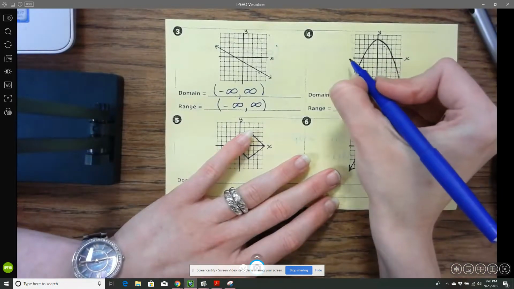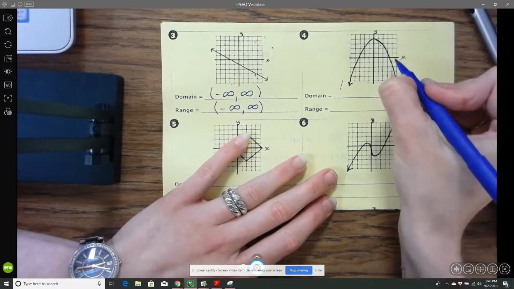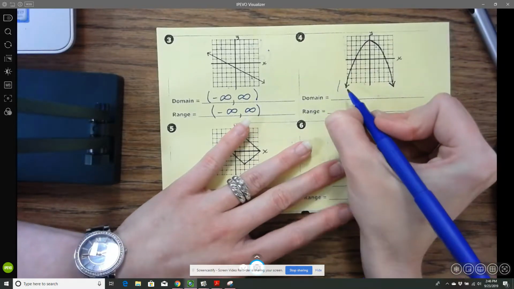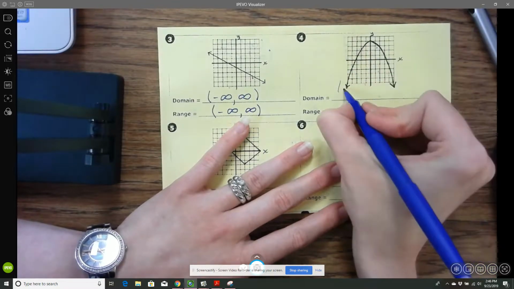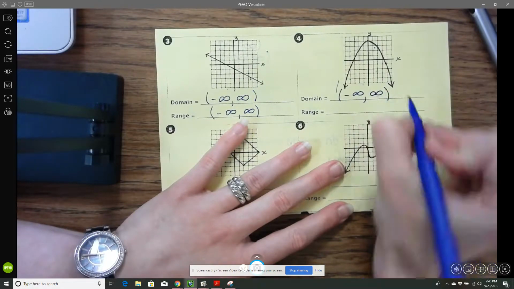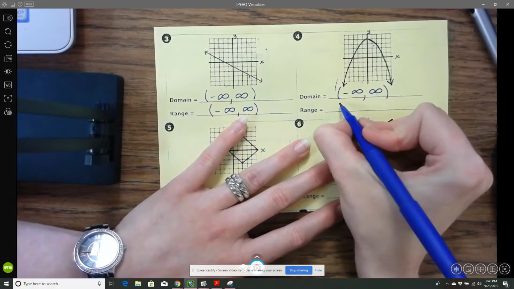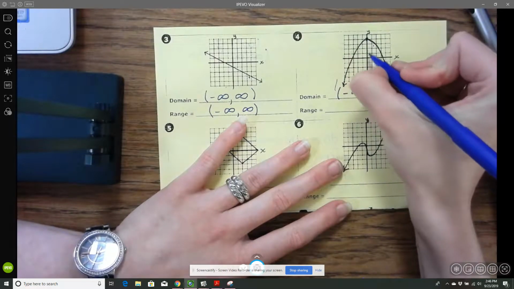So on this one, my range is the same. It's going to continue to go. I can plug any x value into the equation for this graph. So -infinity to positive infinity. But my range, you can see here that this is as high as it goes.